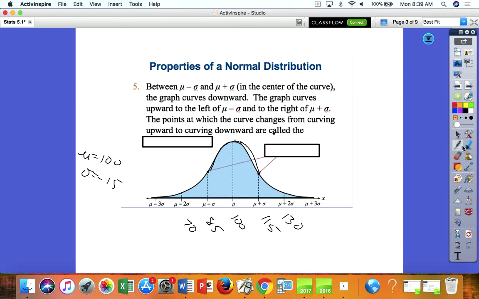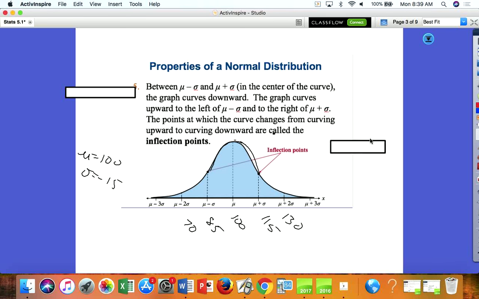You remember that? Inflection points. So there's 2 inflection points. And again, on the x-axis below that inflection point is the value that is 1 standard deviation below the middle and 1 standard deviation above the middle.